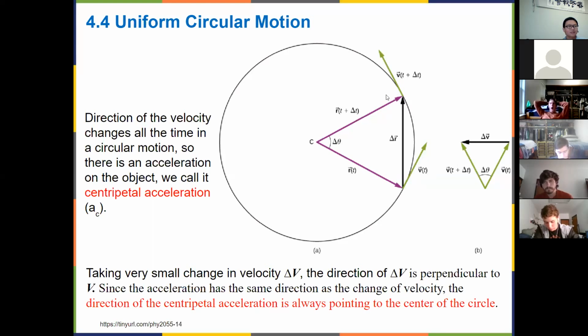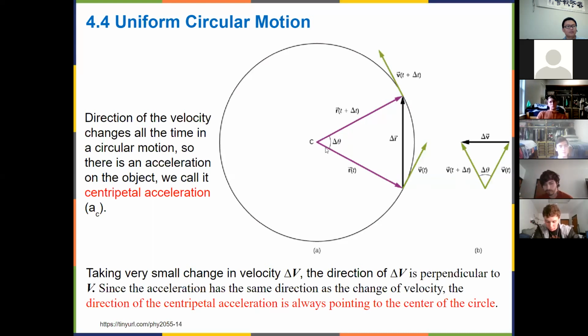In that sense, v of t and v of t plus delta t make the same angle as r of t and r of t plus delta t. And r of t and r of t plus delta t have the same length, just pointing in different directions, because this is a uniform circular motion.